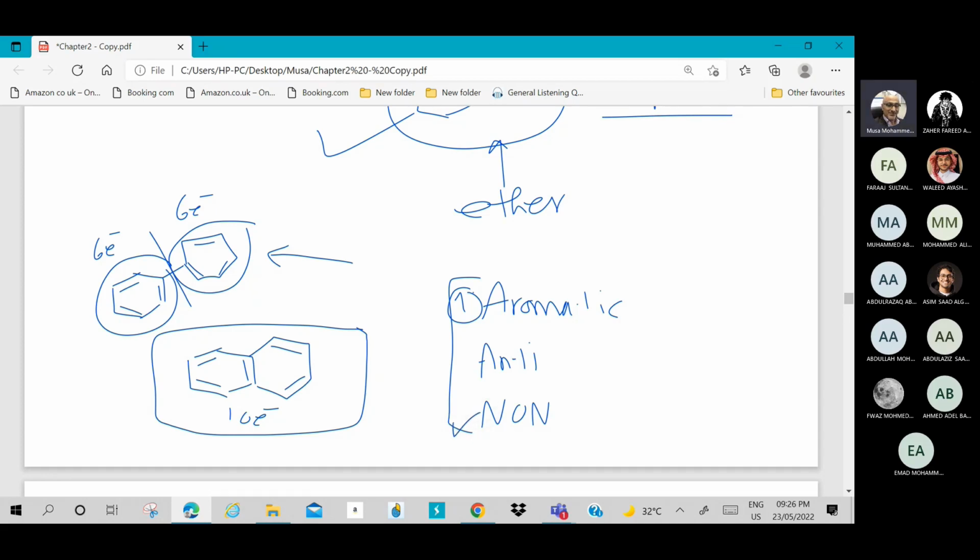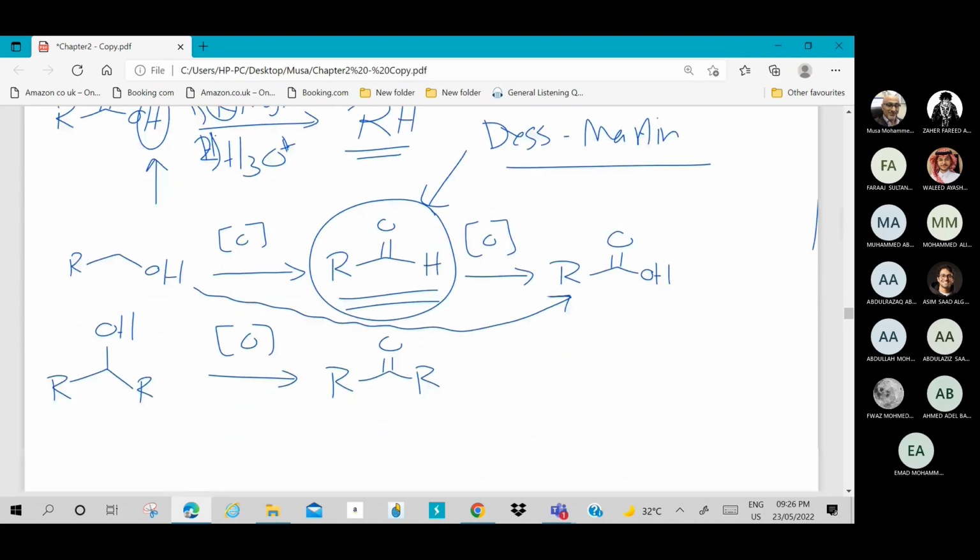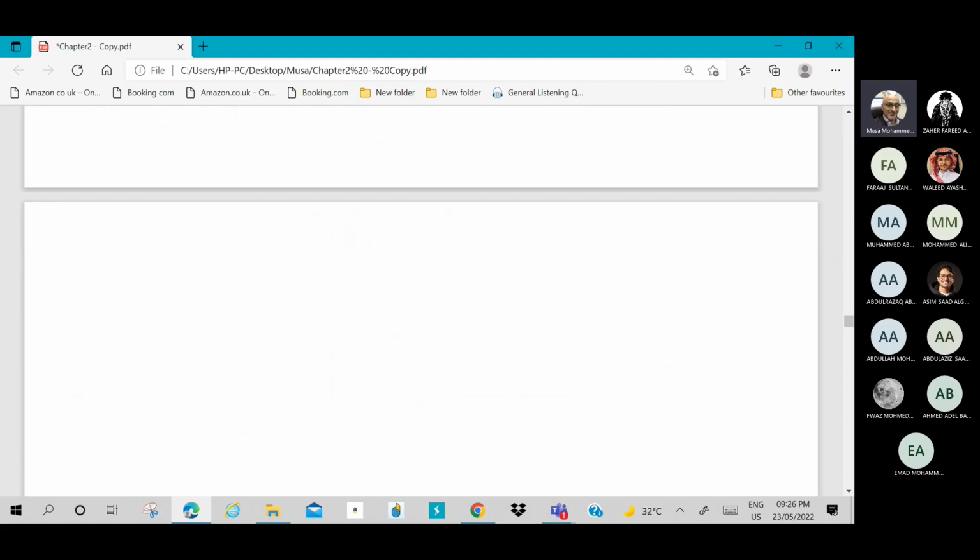Anti is the worst. If we look at this example, and look at this example, benzene ring is extremely stable. This is extremely unstable. The compound prefers to be anything else but this system.